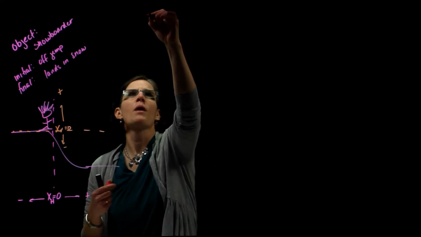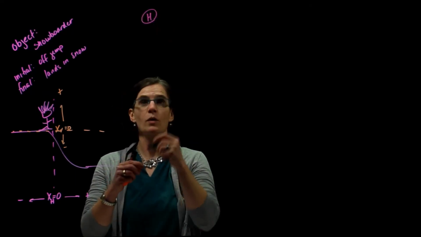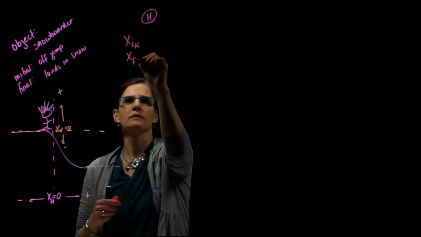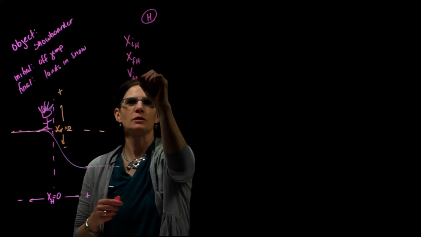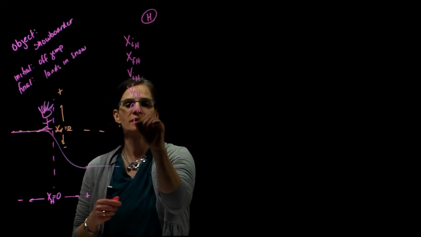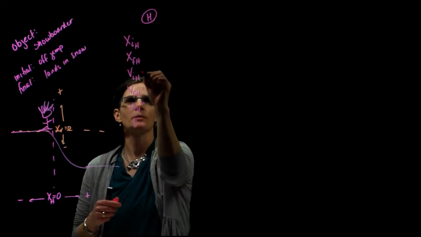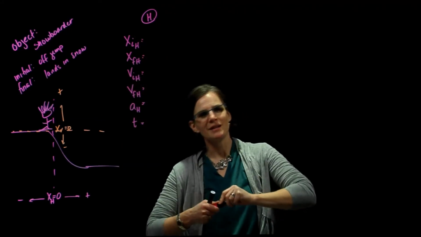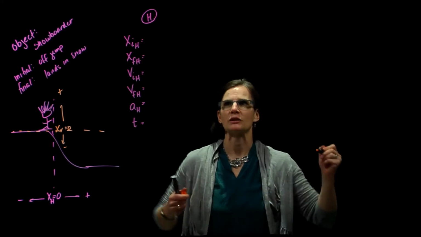So then we want to list our knowns, both in the horizontal. So we have initial horizontal position, final horizontal position, initial horizontal velocity, final horizontal velocity, acceleration in the horizontal, and time. And we don't identify time horizontally, of course, because time horizontally and time vertically match each other.